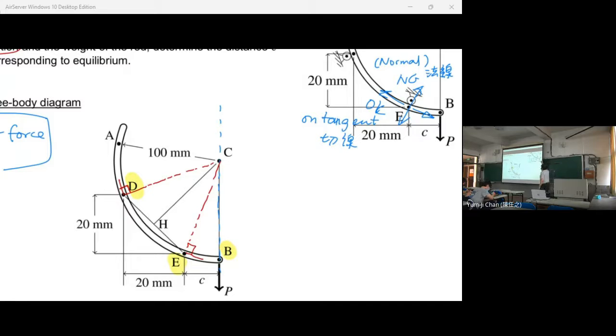So we have normal forces here and here. So the lines of action of these three forces intersect at point C. It's okay.